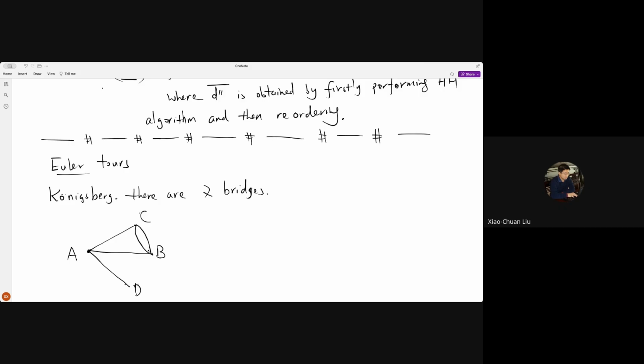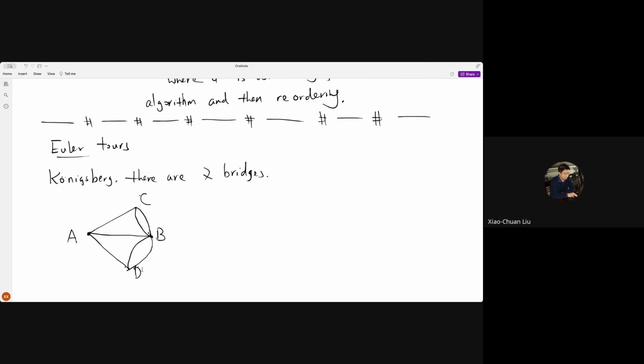So this graph is not a simple graph. Mostly in this course we will talk about simple graphs, but this one is not. Maybe we call this edge E1, this edge E2, and maybe this edge E3. There is another edge, maybe E4. There are 2 edges connecting B and C.